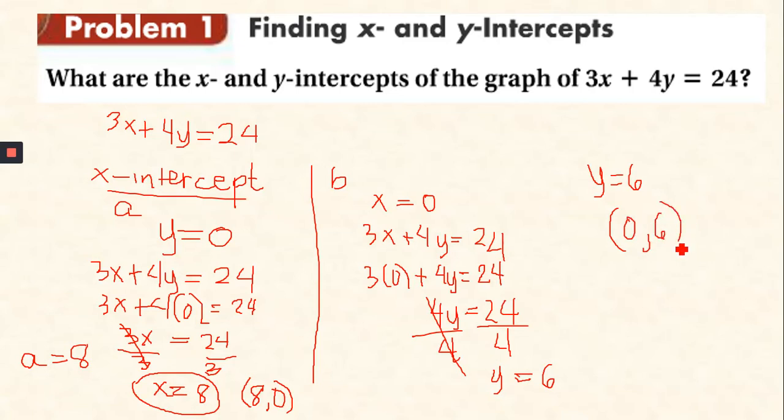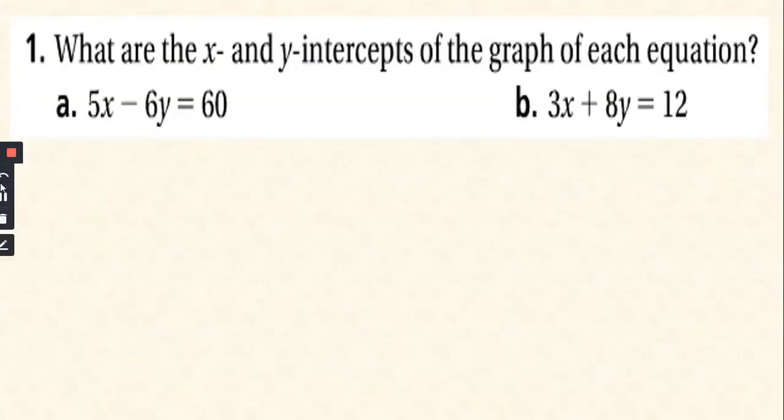Okay? Your y-intercept is represented by variable b, and b is equal to 6. Okay? So do not be confused. They mean the same thing. It means that that is the y-intercept.